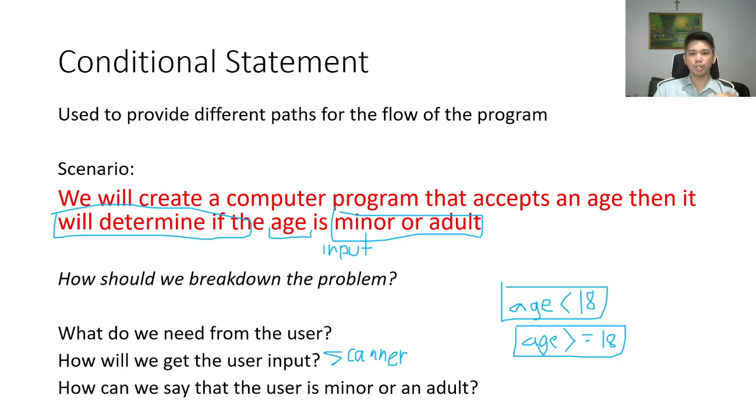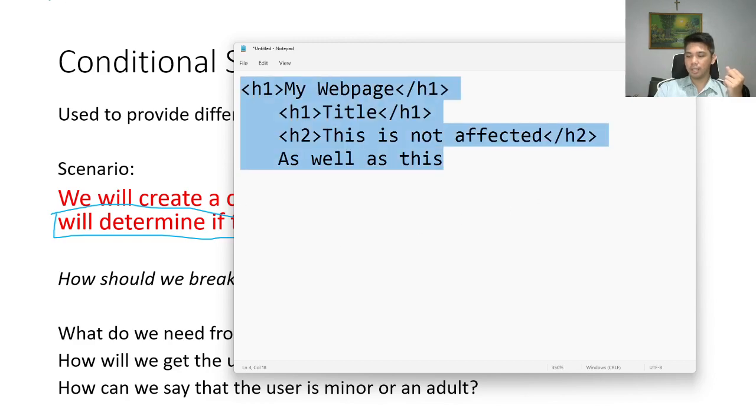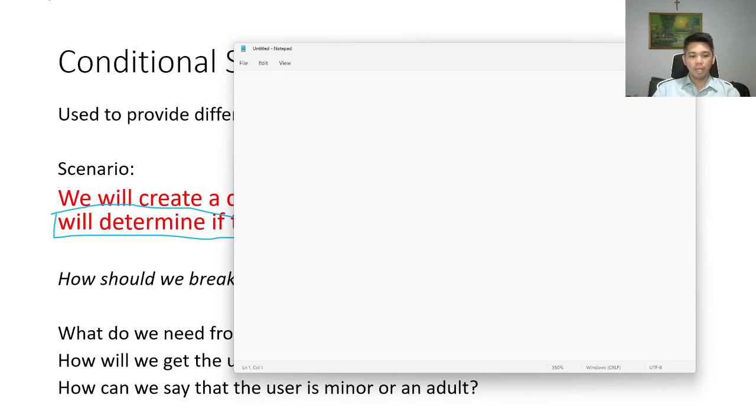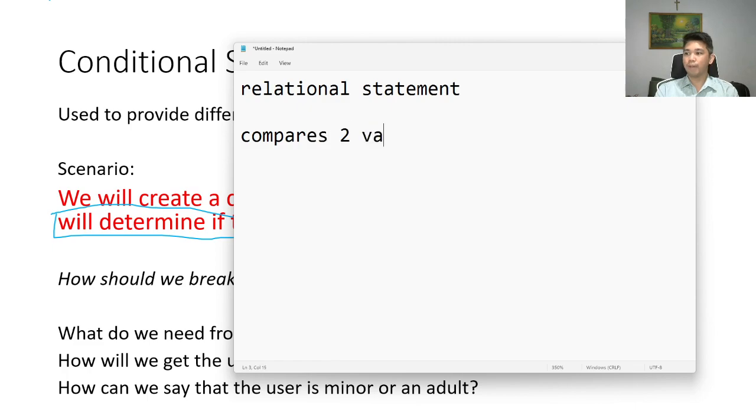Now, just a refresher, because if I'm not mistaken, during your JavaScript days, as if I was your teacher, I already discussed relational statements such as this. What are relational statements? They are statements that compare two values.